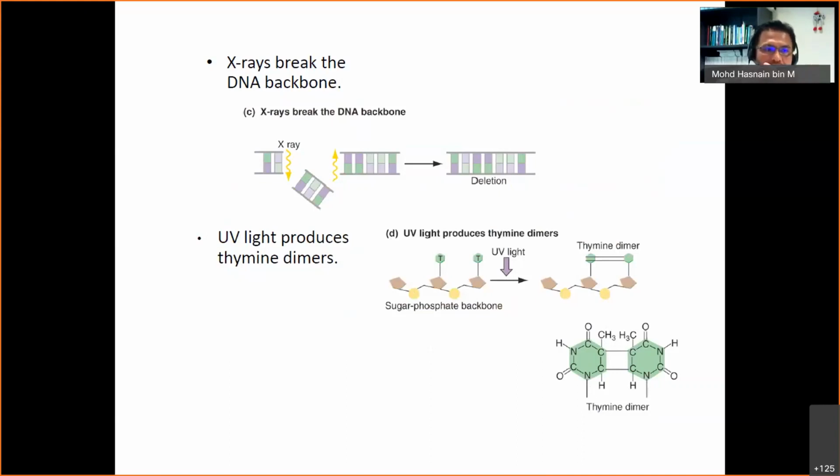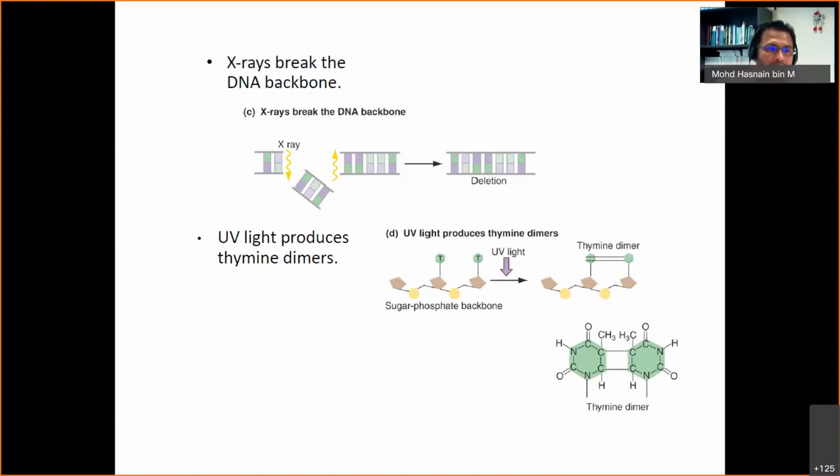Okay, but usually when we talk about this mutation, we are talking about mutation that is inherited, isn't it? RNA is not inherited. If it is wrongly inserted, wrongly translated, it will only affect that particular individual.